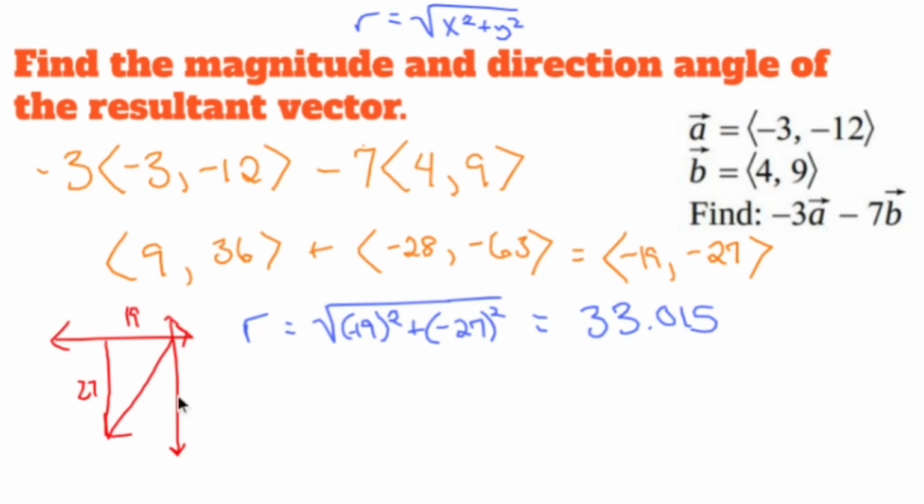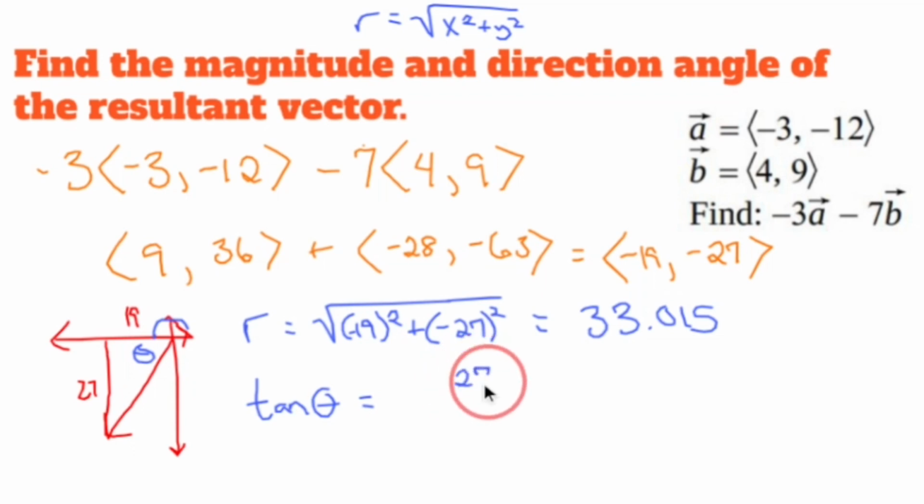Now, what I have to do is find also the direction angle. If this is a coordinate plane, I've got 90 up here, I've got another 90 here, and I care about that theta. I need to find theta and then add 180 degrees to it. So I do know that tangent theta equals the opposite over the adjacent.